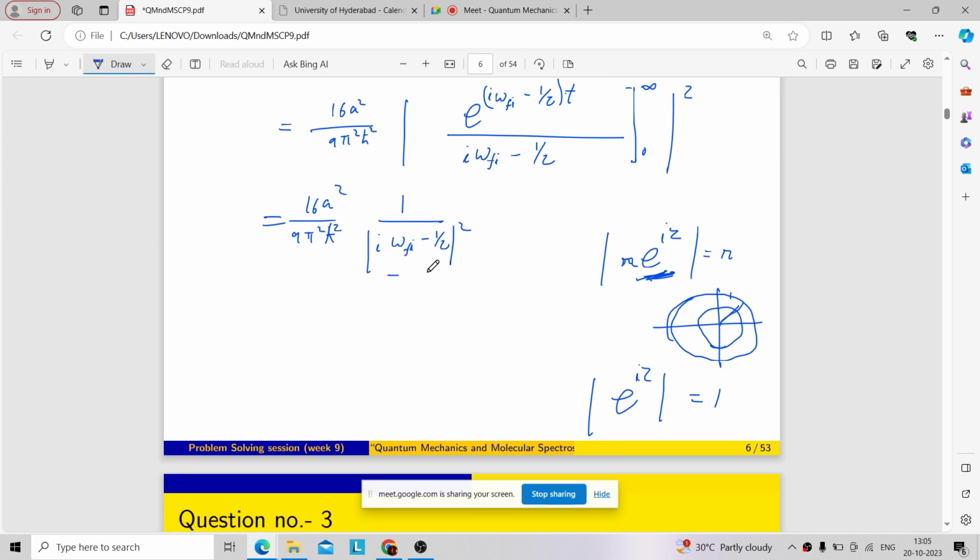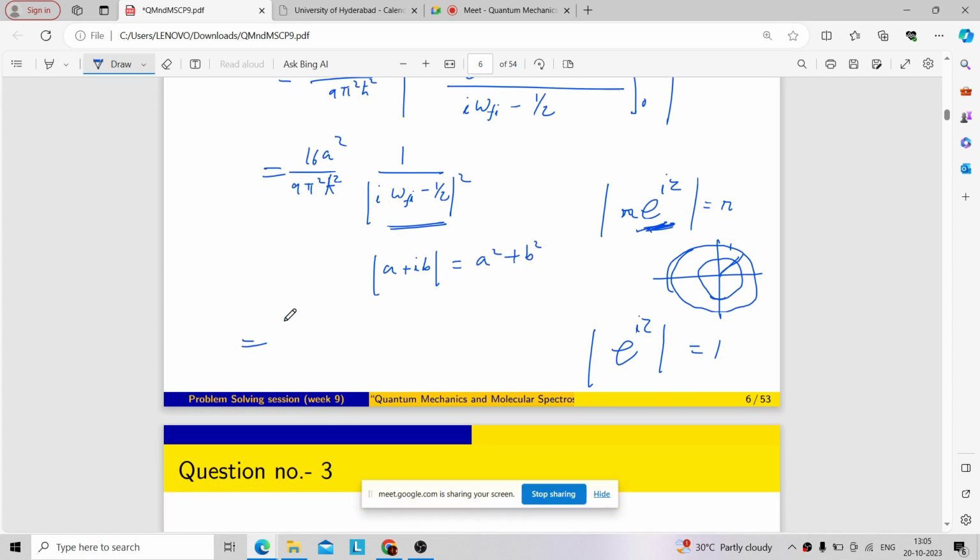And now you see this is a plus ib form. So mod of this kind of function will give us a square plus b square. Further simplifying this will give us 16a square by 9 pi square a square square, times 1 over tau square plus omega fi square. So this is the probability of transition.